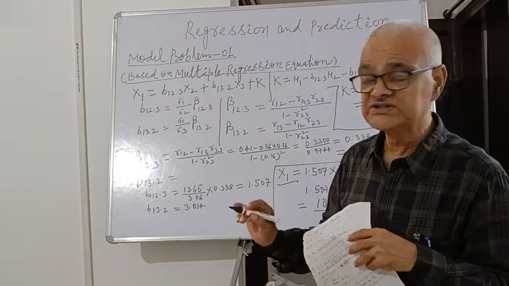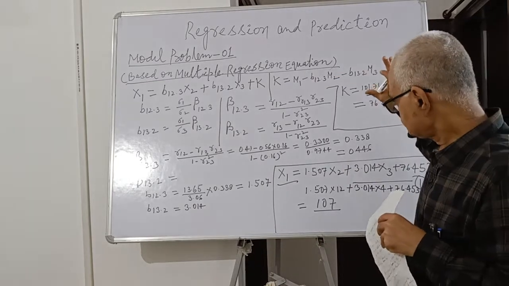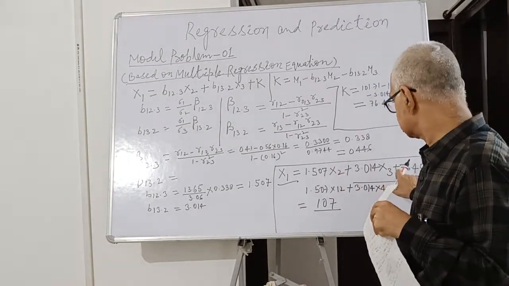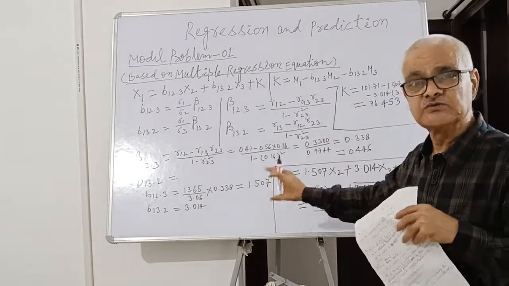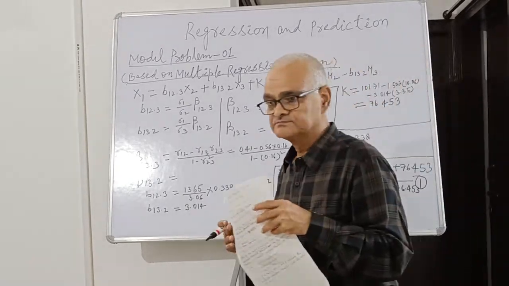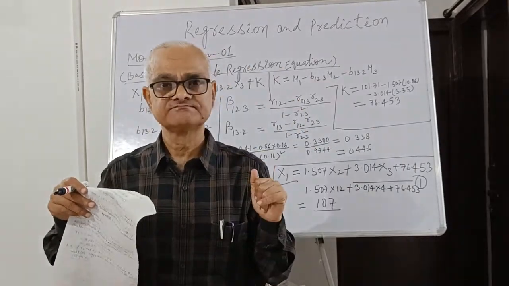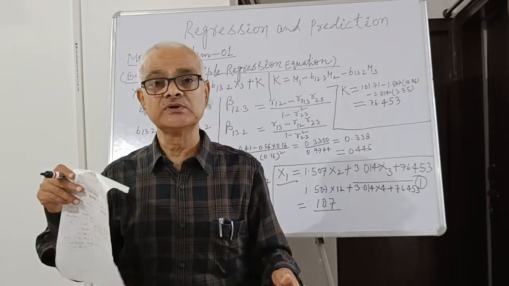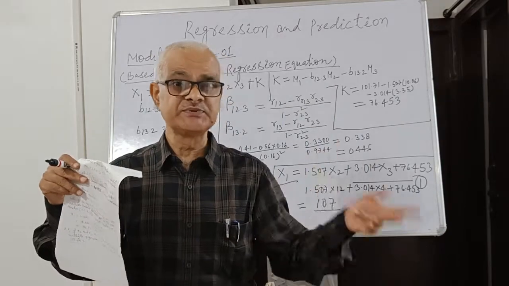So we can conclude that if the value of x2 is equal to 12 and x3 is equal to 4 in this particular problem, the value of x1 will be 107 and we can predict the dependent variable by putting different values of the two independent variables.